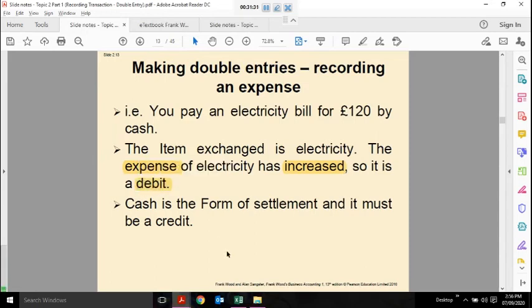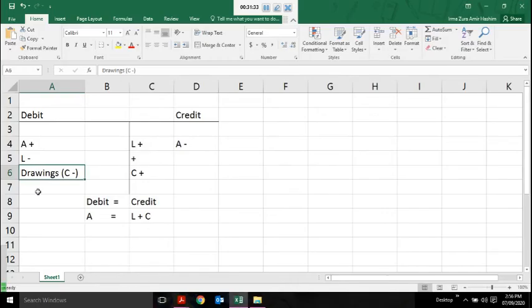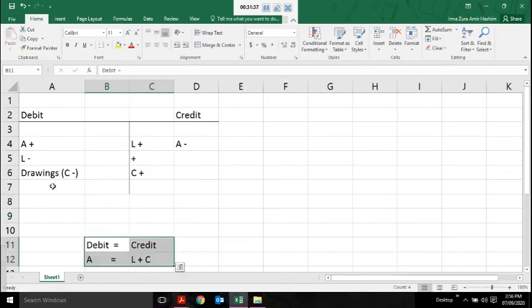So now I'm adding these expenses here. Now for the expenses, these are the things that you need to memorize. Expenses increase, you should put it on the debit side.